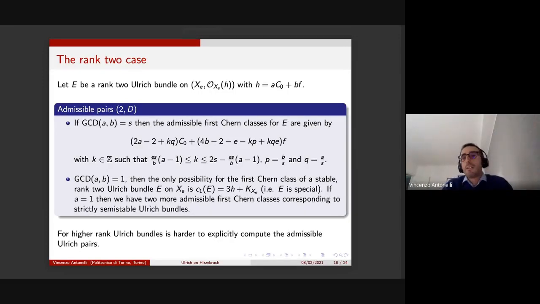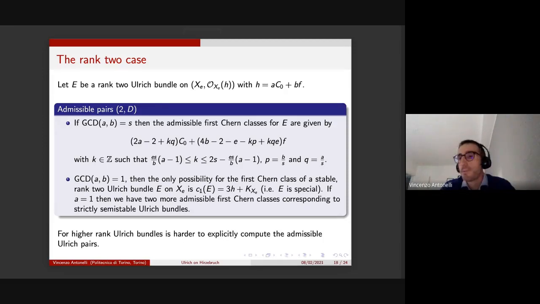So that completes the picture for the rank 2 case, but what about higher rank cases? Well, for higher rank, it's harder to explicitly compute the admissible Ulrich pairs. We will say something, but in those cases, we will need some additional hypothesis.